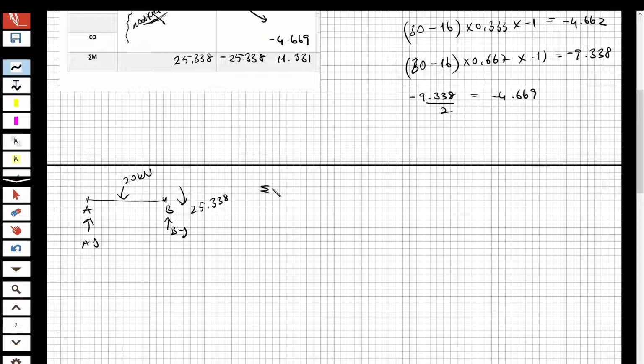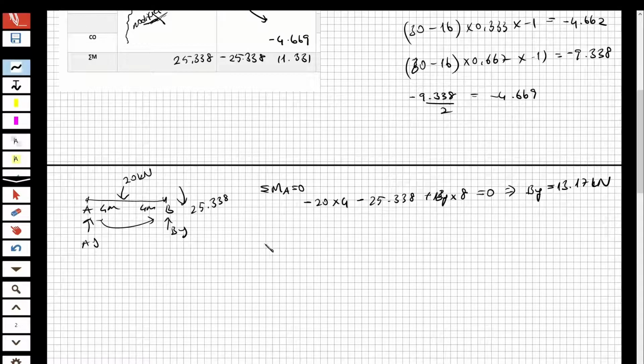Now I'm going to take the moment with respect to A equal to 0: minus 20 multiplied by 4, minus 25.338, plus BY multiplied by 8, the whole length, equal to 0, and BY is going to be equal to 13.17 kilonewton.